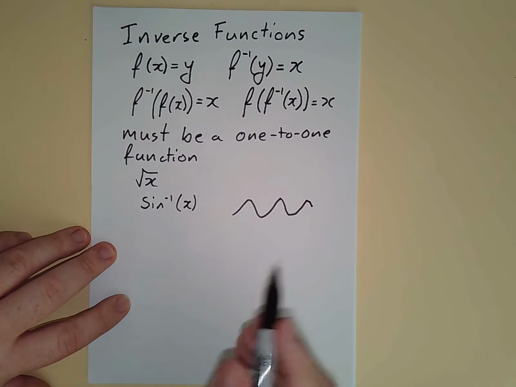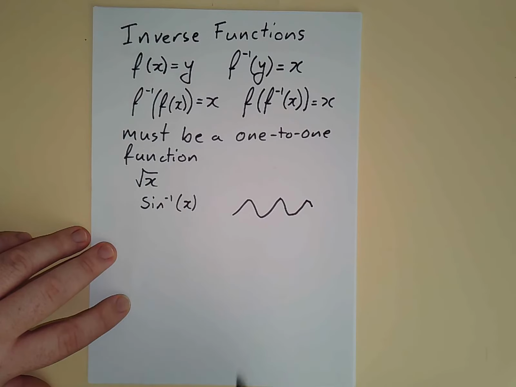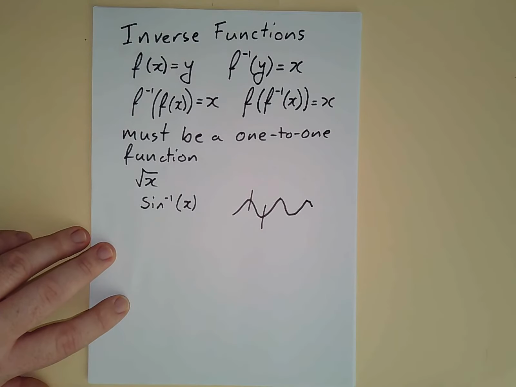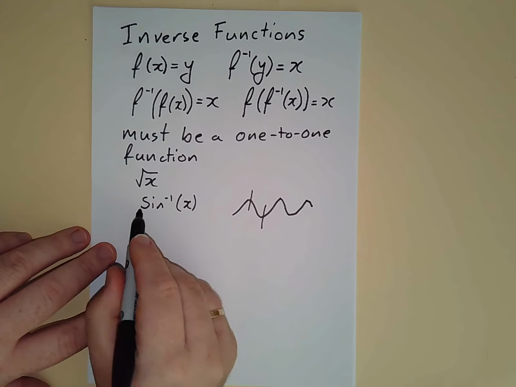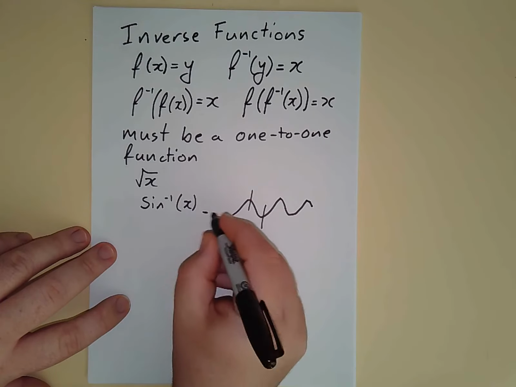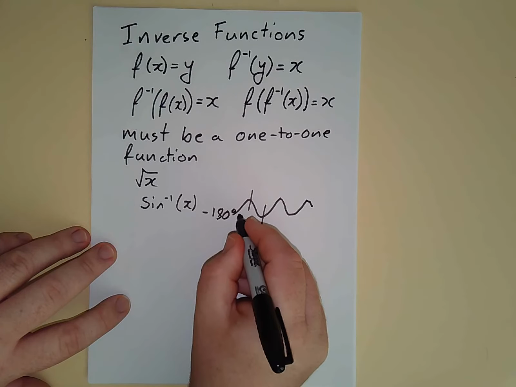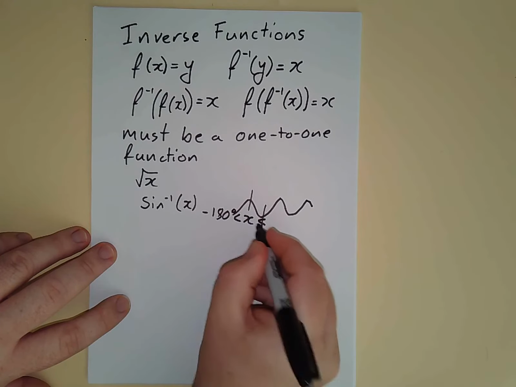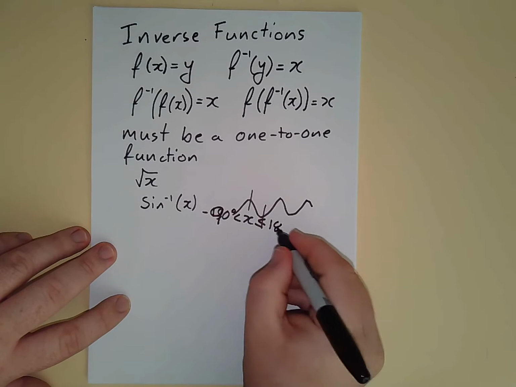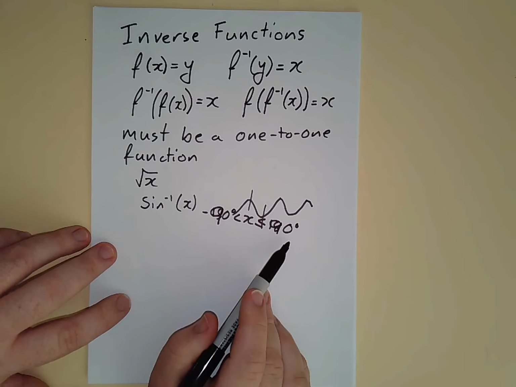So the function on the calculator will cut it off to give a single section where it's one-to-one. And that's why when we do sine to the minus 1, we always get an answer back that's between negative 90 degrees and positive 90 degrees. And cos is between 0 and 180.